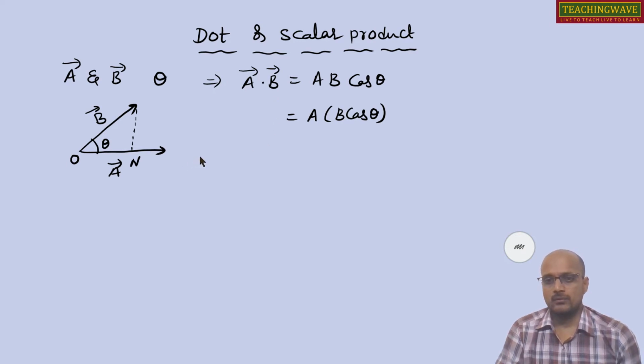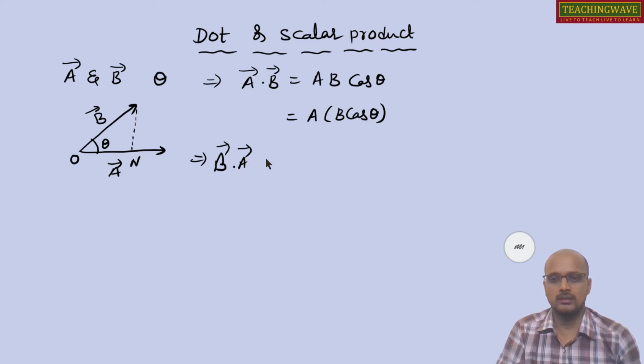If we want to write the dot product between b bar and a bar, that is b bar dot a bar, we can write it as b a cos of 2 pi minus theta, and cos of 2 pi minus theta is cos theta only.